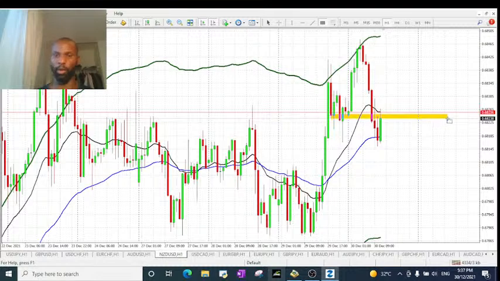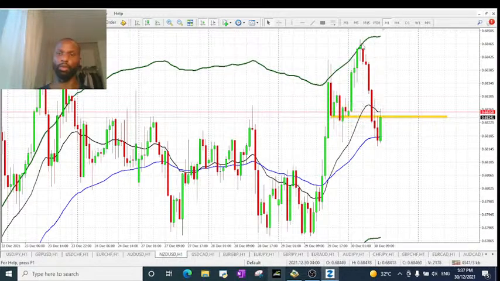Price might struggle somewhere here. Otherwise, this would have been a good trade, eh? But having this structure here is a bit of a problem.